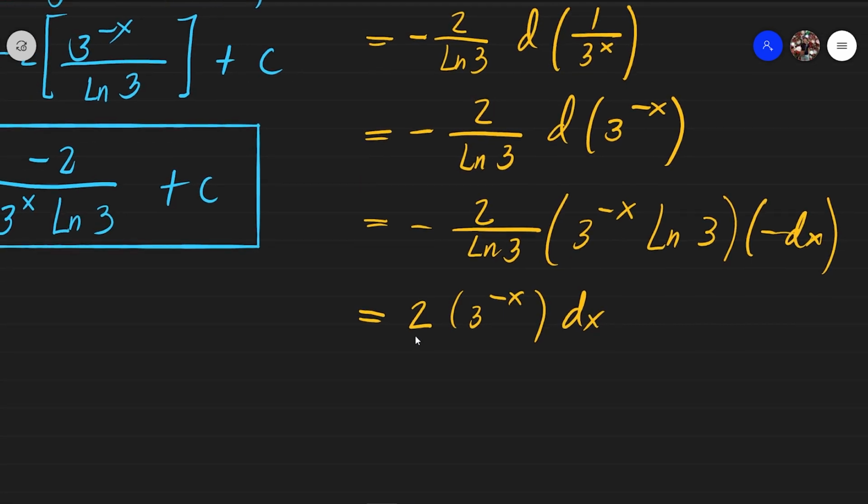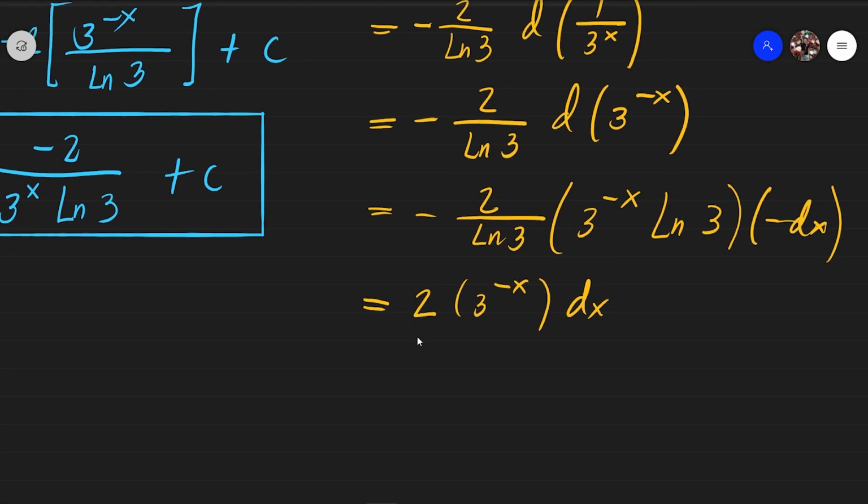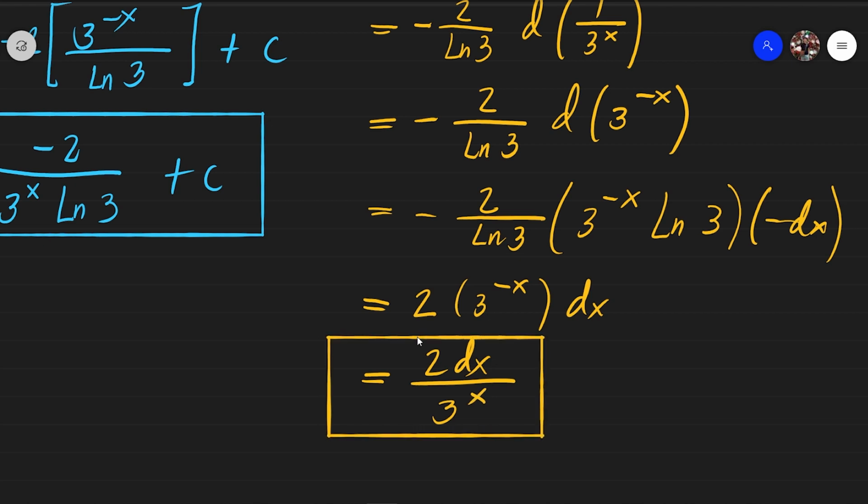Arranging this quantity, this will be 2 dx all over 3 raised to positive x. So this is our value if we integrate our answer.